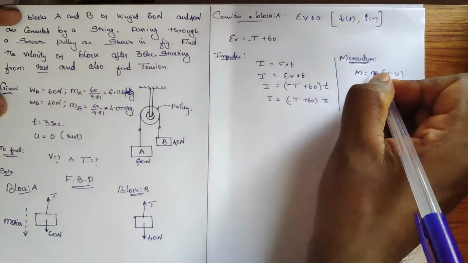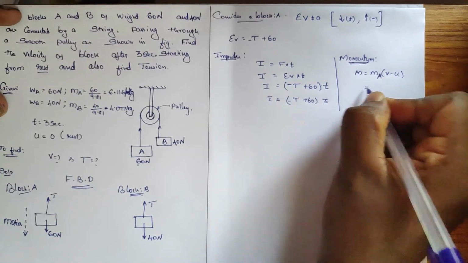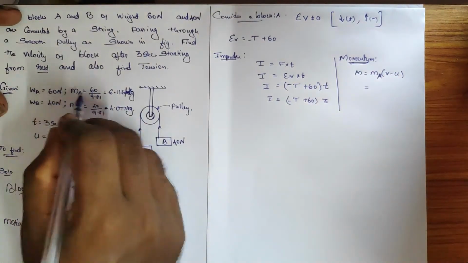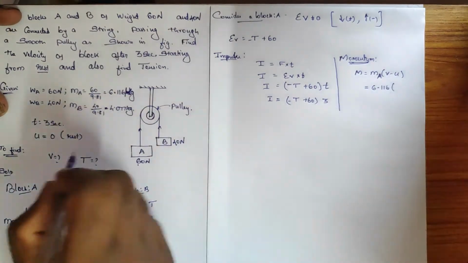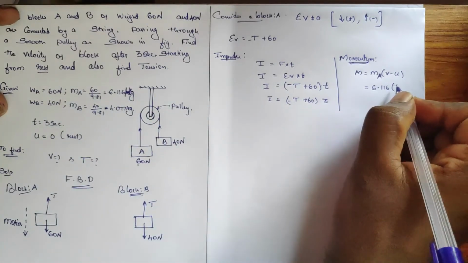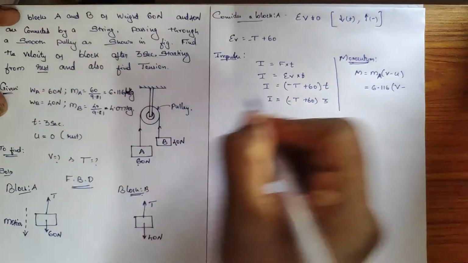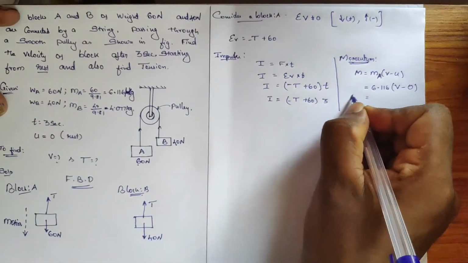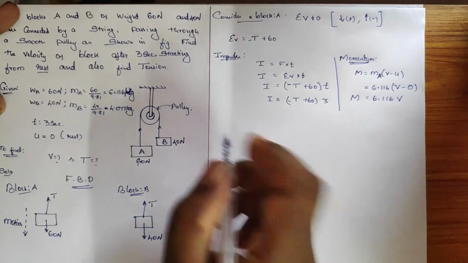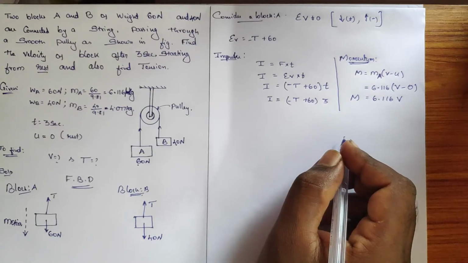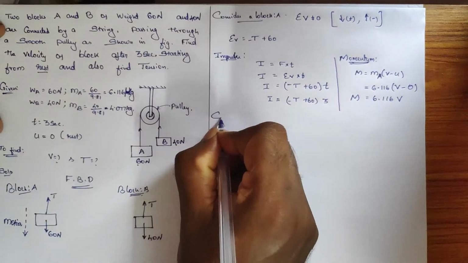Here the mass of the body or block A, so mass at A is 6.116 into V, that means final velocity is the unknown one we need to find, V minus initial one which is 0. So we get momentum 6.116 into V. Okay, right. So hereafter what we can do is just move to the next block.